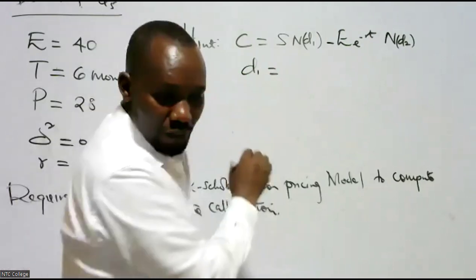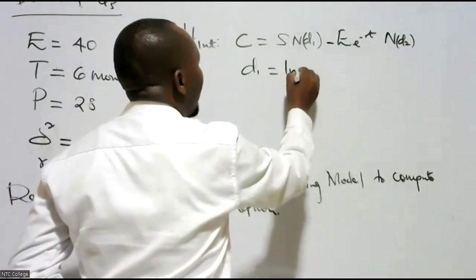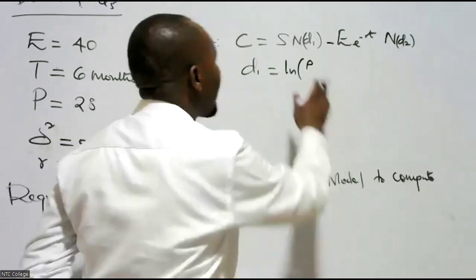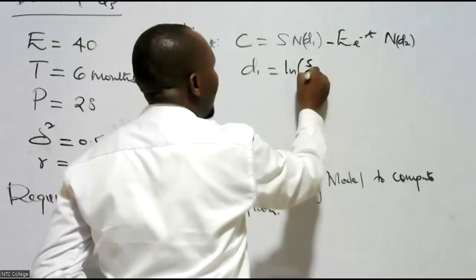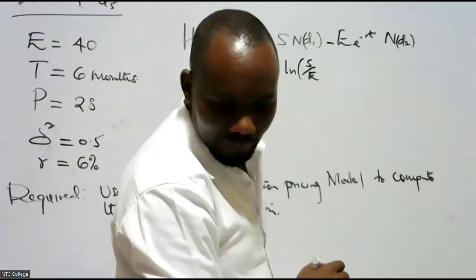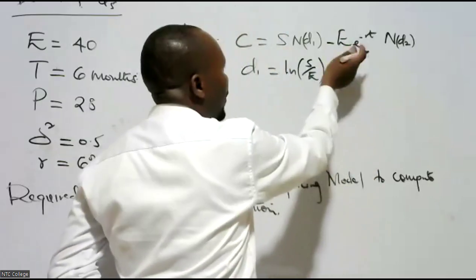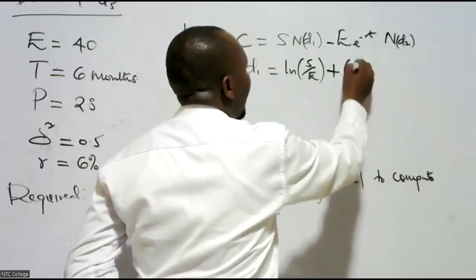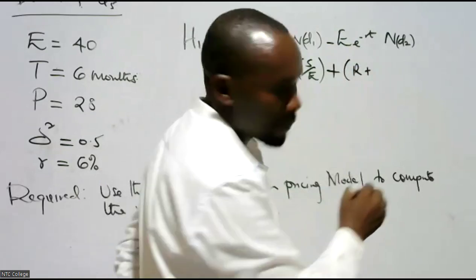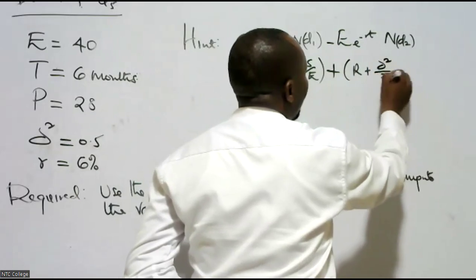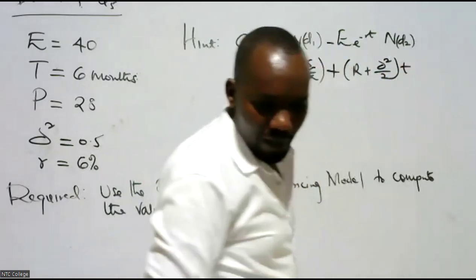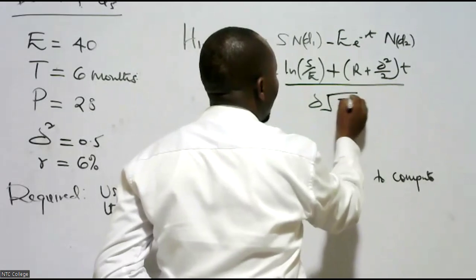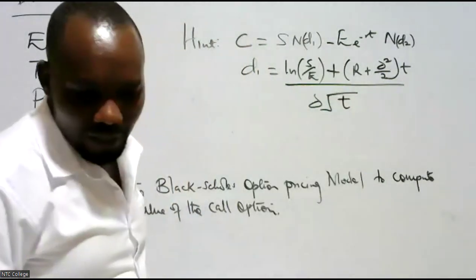D1 is equal to ln, that is the natural logarithm, of S over E, plus R plus the variance over 2, all multiplied by T, all over the standard deviation times the square root of T. That is what they gave.